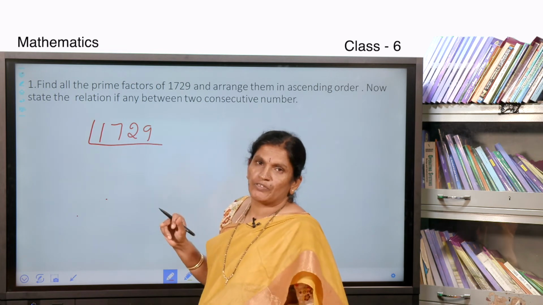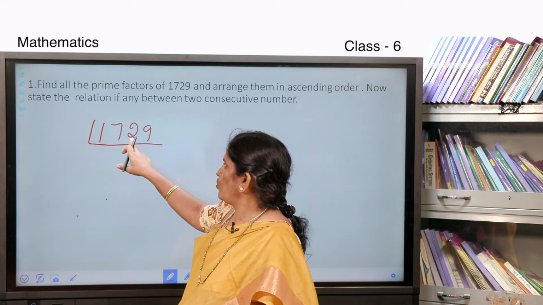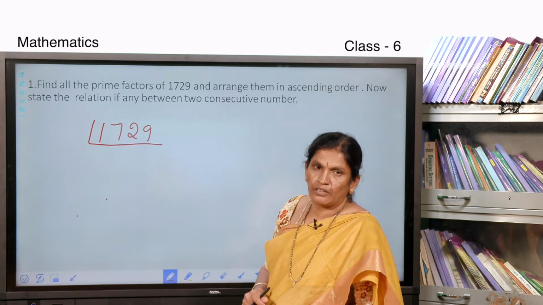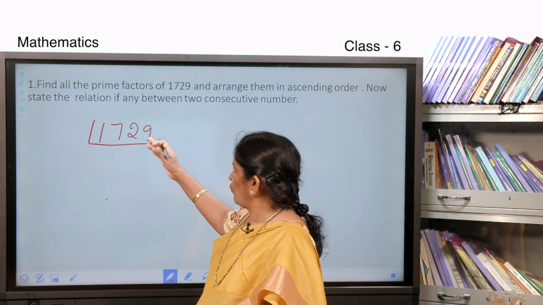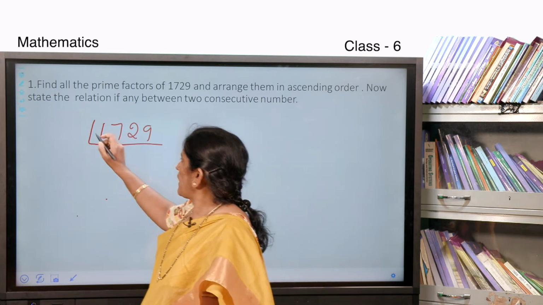Use the test of divisibility, children, here. See, 1 plus 7, 8, 8 plus 2, 10, 10 plus 9, 19. We can't use 3 here. Next from 5 we can't, 2 we can't, even 4 also we can't as there is 9 in the ones place. So, let me try from 7.